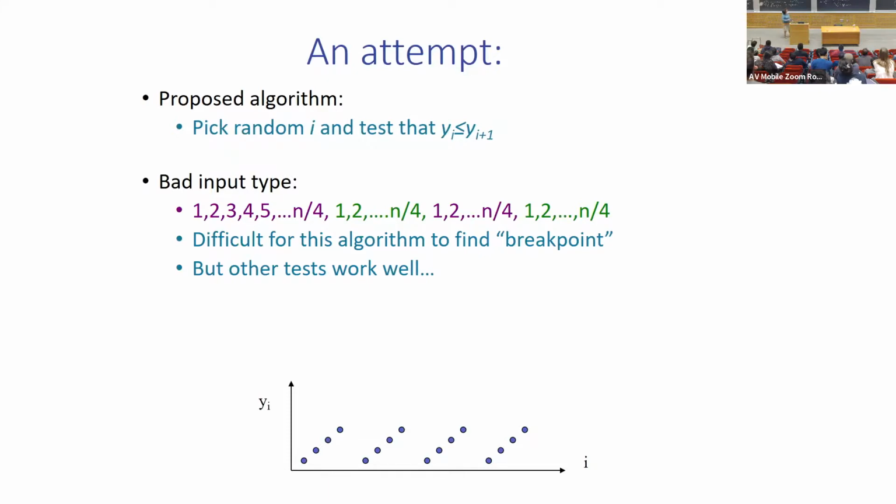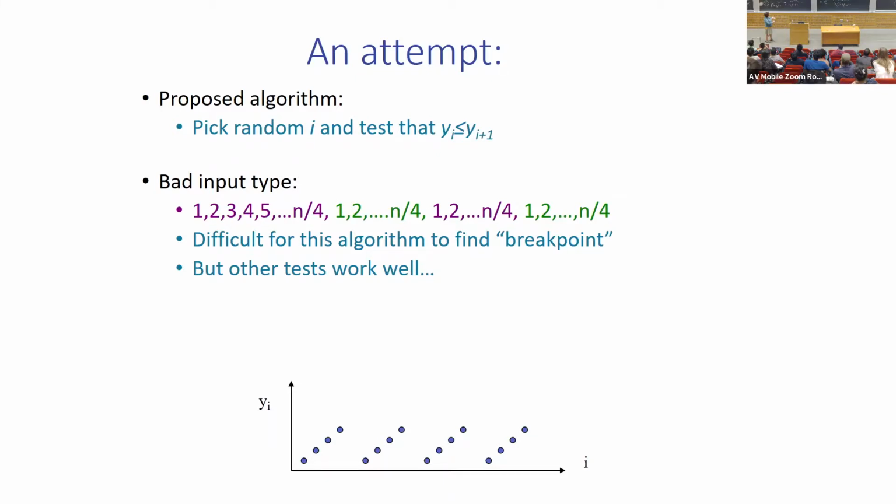Why? Because you could have a bad input. I'm going to demonstrate it with numbers instead of book titles. Take this list: 1 through n over 4, 1 through n over 4, 1 through n over 4, and 1 through n over 4, repeated 4 times. Now pick a random location. 3, its neighbor is 4, great.